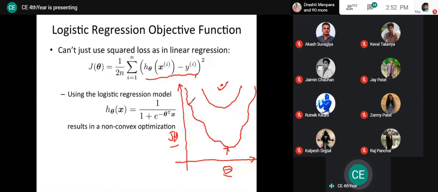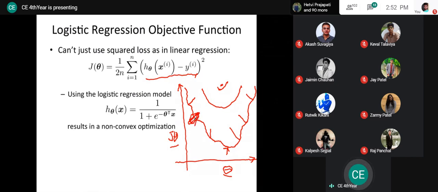We have a second local minima, a third local minima, and this is the global minima. This is once again one more local minima, and over here there might be one more. So it is possible that whenever you train the algorithm, you may get stuck at any of these local minima.